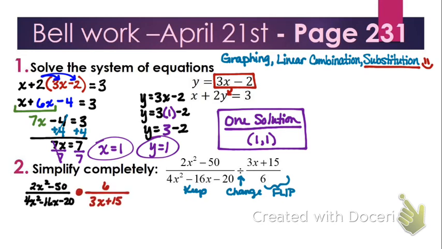Factor. And when we go to factor, we always look for what first? GCFs. Do any of these have GCFs? Yes. Does the first numerator have a GCF? What is the GCF of the first numerator? 2.